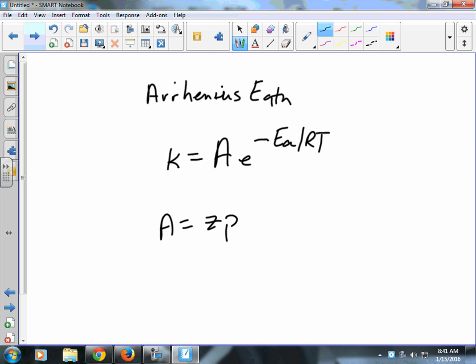So the notes say that if we plot this equation, natural log of rate constant equals negative E sub A over R, and I think this is how it's written on your equation sheet. Not sure, I'll have to look.